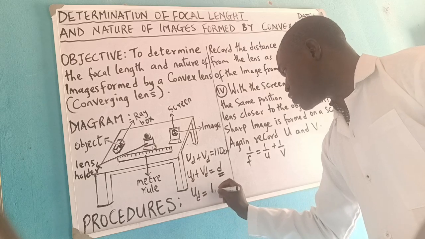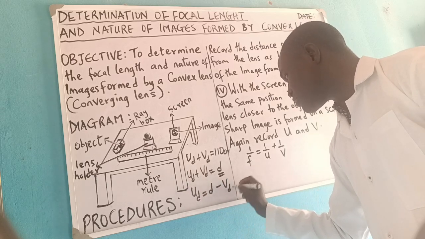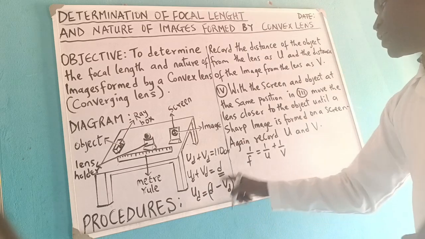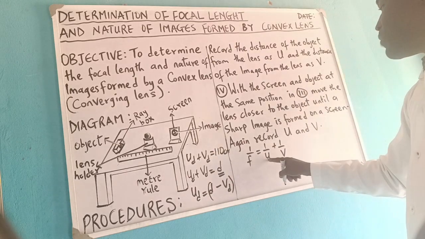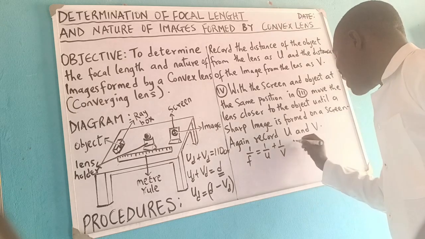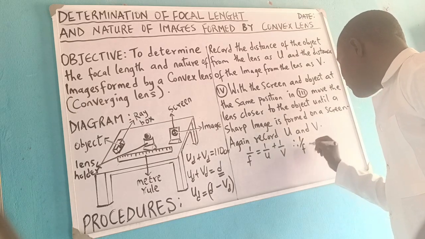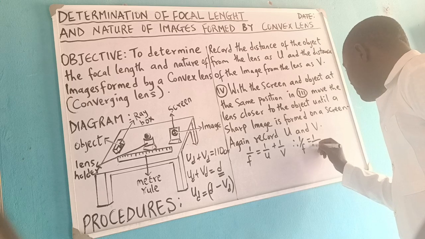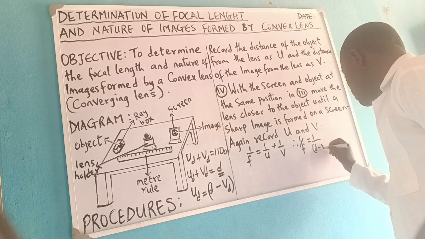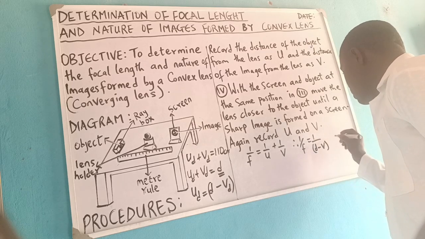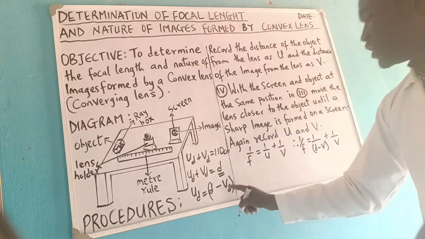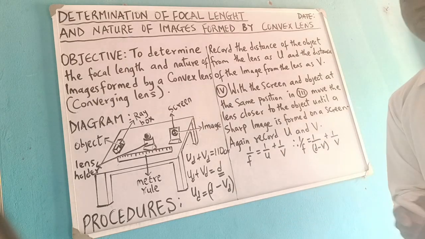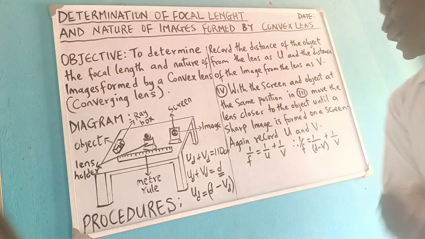It will be equal to d minus v, so to speak, from what we have here. Then replace it here. You say, therefore, 1 over f equals 1 over bracket d minus v plus 1 over v, where v means this v we talk about, that is the image distance.